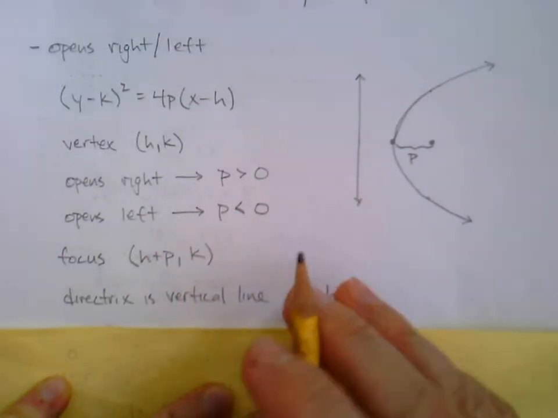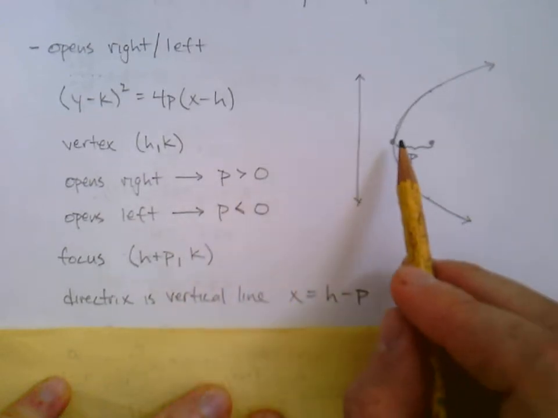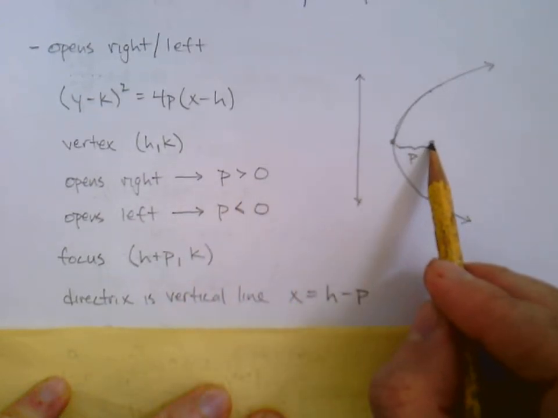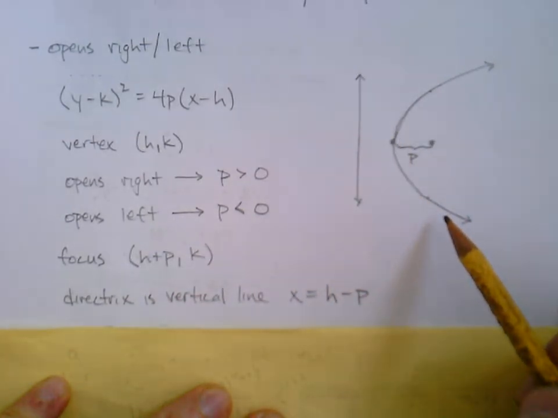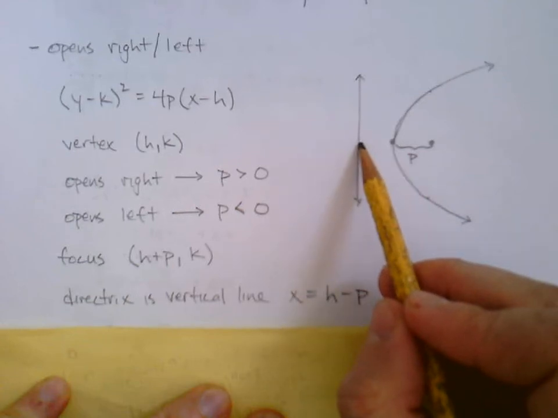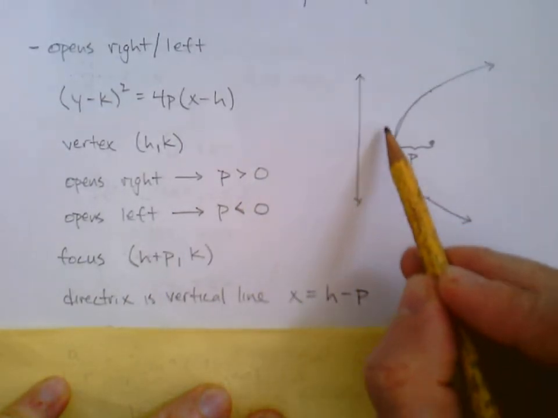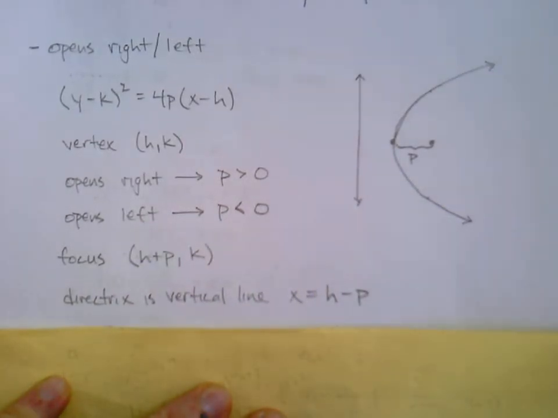We still have this positive negative aspect with p. If p is positive, then we've moved our focus out this direction, which means our parabola is going to open up to the right. If p is negative, we've shifted our focus back over here, and so we're opening up that way. Of course, the directrix is always on the opposite side of the focus.